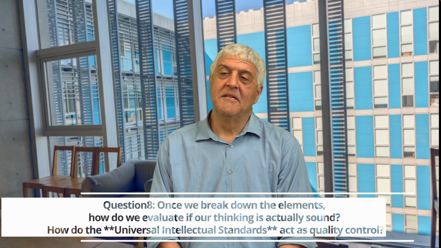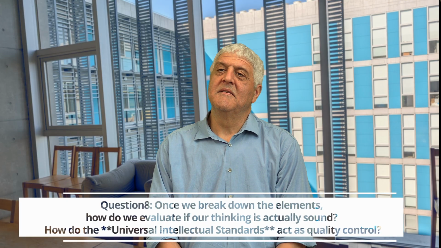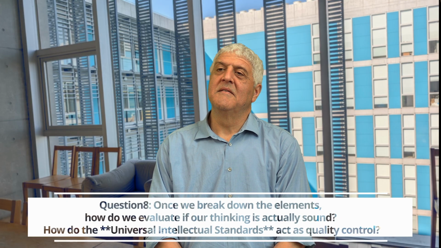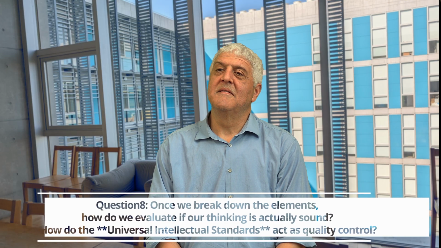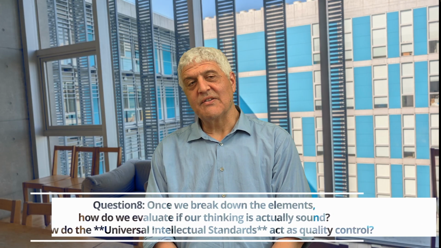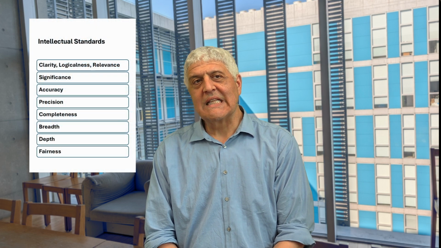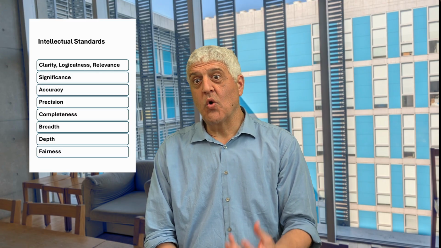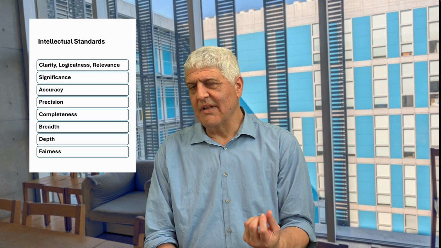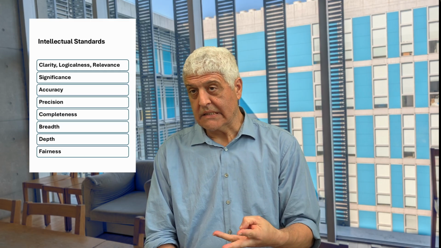Once we break down the elements, how do we evaluate if our thinking is actually sound? How do the universal intellectual standards work as quality control? I see. You're referring to, in the Paul and Elder model, the universal intellectual standards, which include what I call very core standards, like logical, relevant, clear.